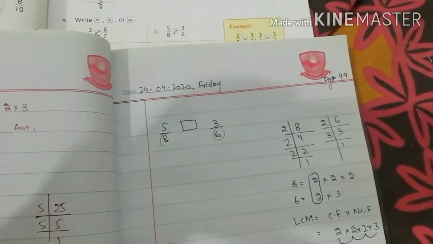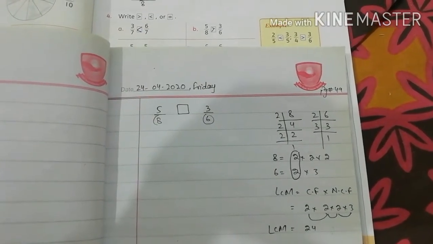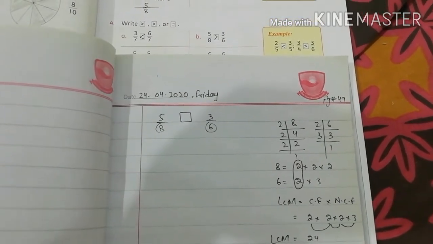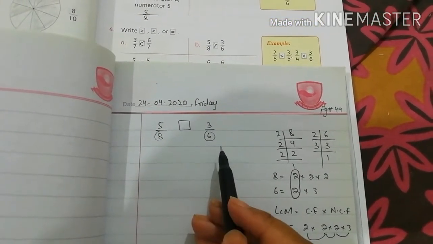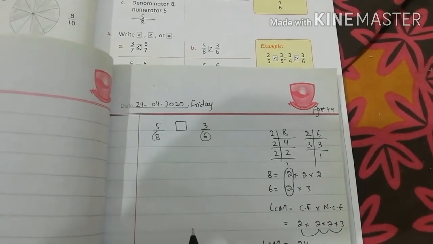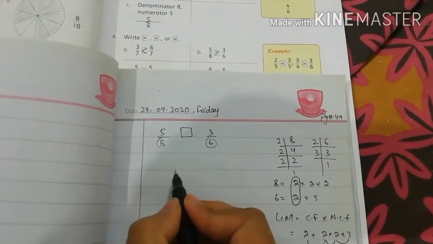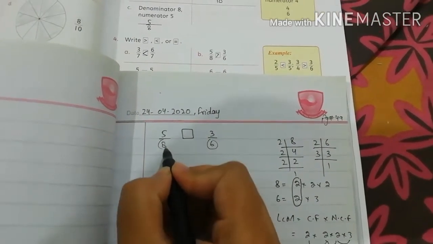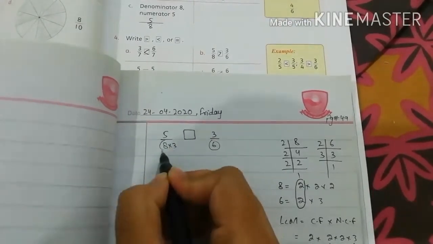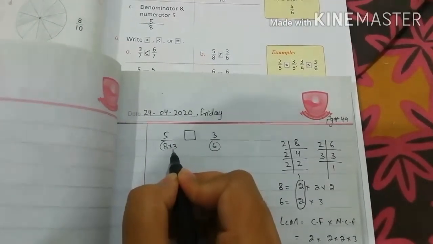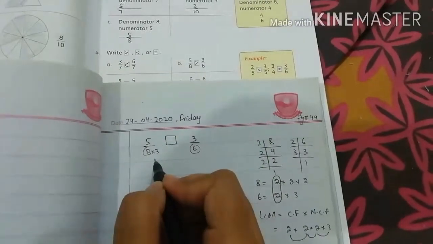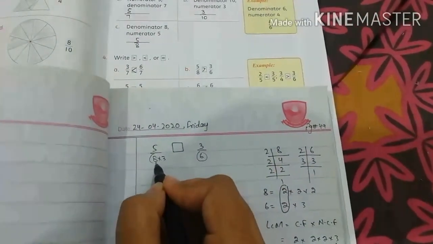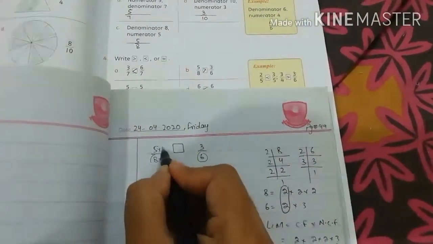Now, I found 24, which is divisible by both 8 and 6. So we have to make the denominator 24. First we will multiply 8 by 3, 8 3s are 24, and multiply by 3 both numerator and denominator.